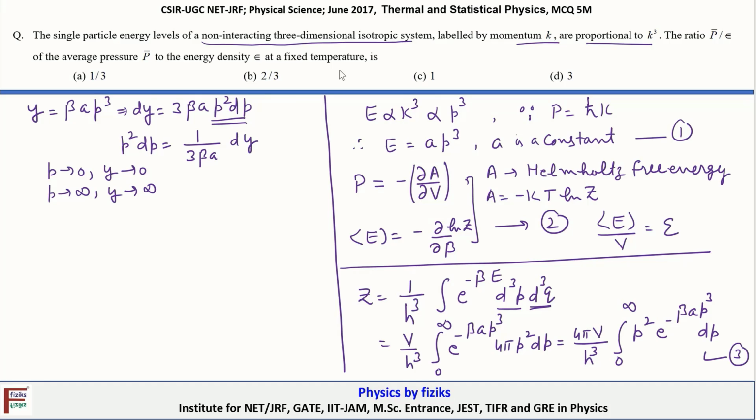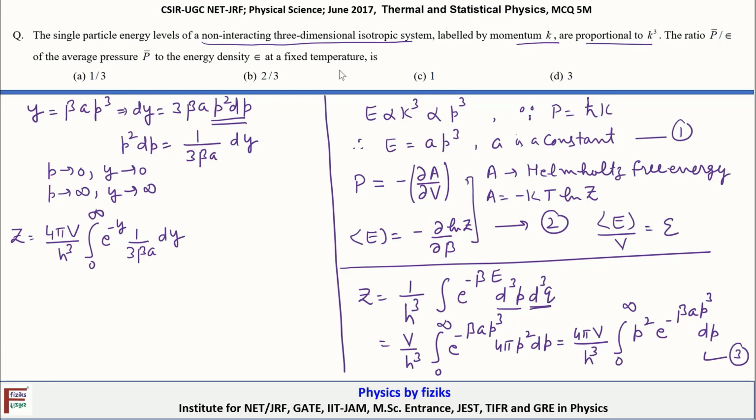Okay, so with this information the partition function can be rewritten as z equal to 4 pi V upon h cube, integral from 0 to infinity of exponential minus the new substitution, and then p square dp, which is equal to 1 upon 3 beta a times dy.